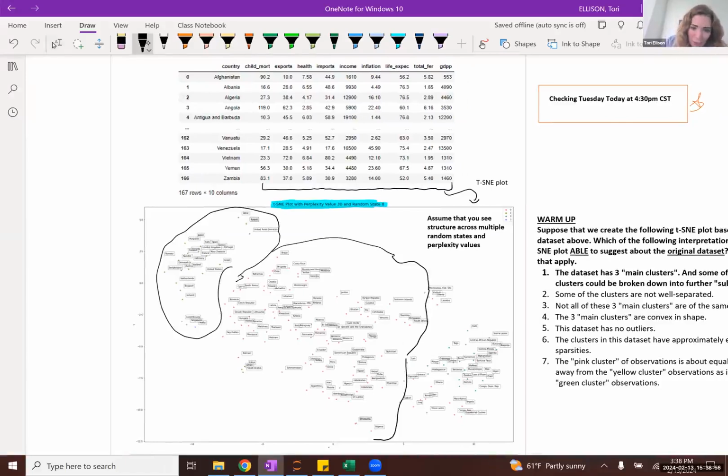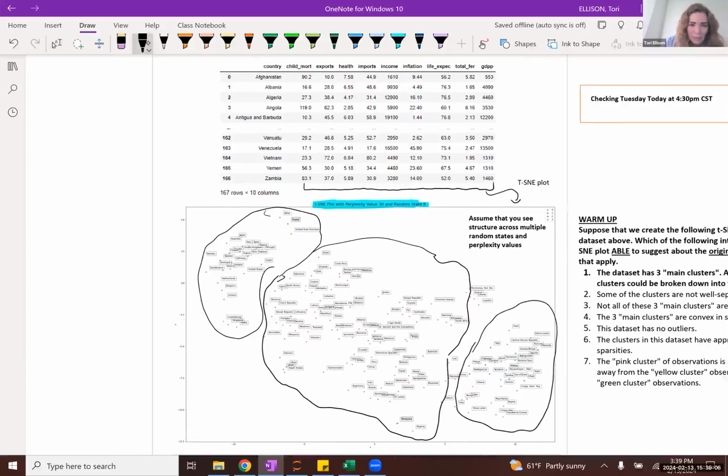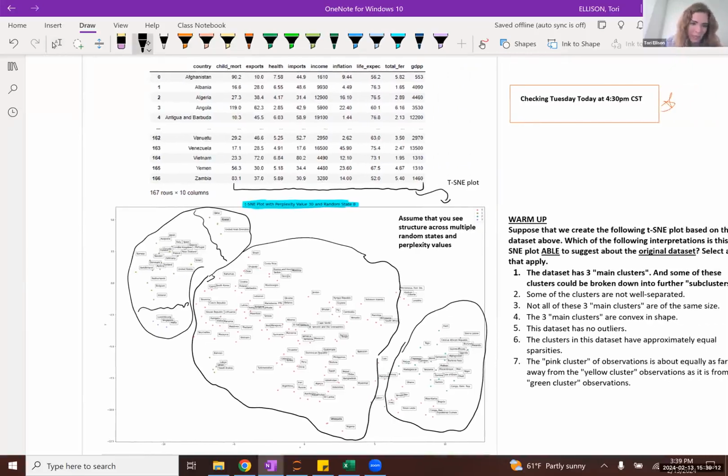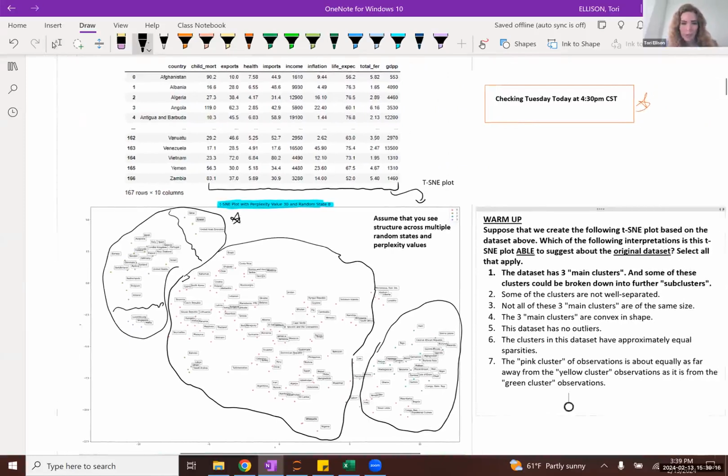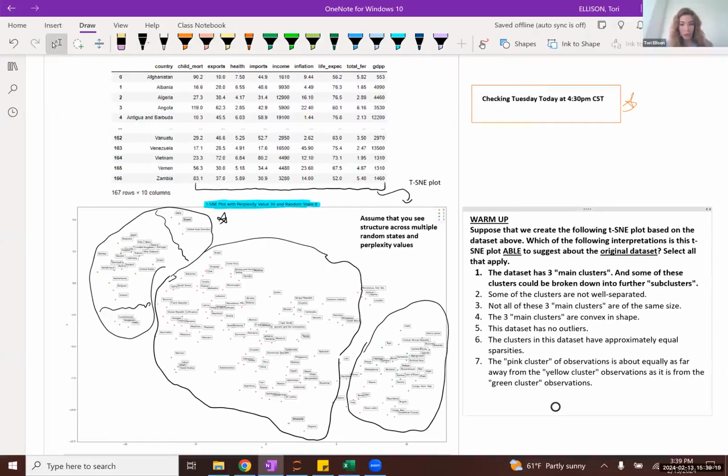We can see some separation here, so this might be a cluster, and this might be a cluster here as well. Furthermore, this cluster does have some additional gaps that show up, so it's possible that this cluster here could further be broken down into some clusters. So I'm seeing 3 main larger clusters based on what I see.